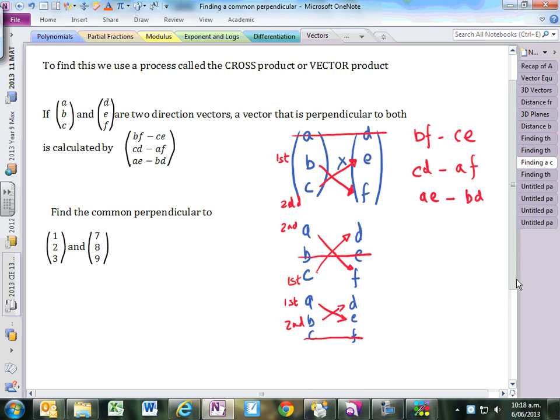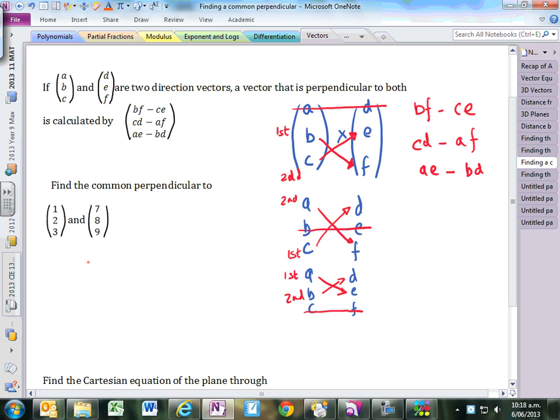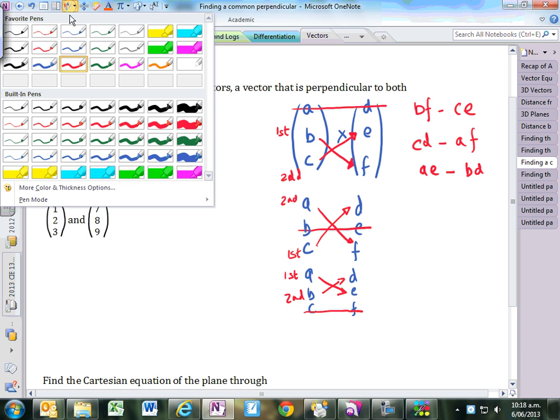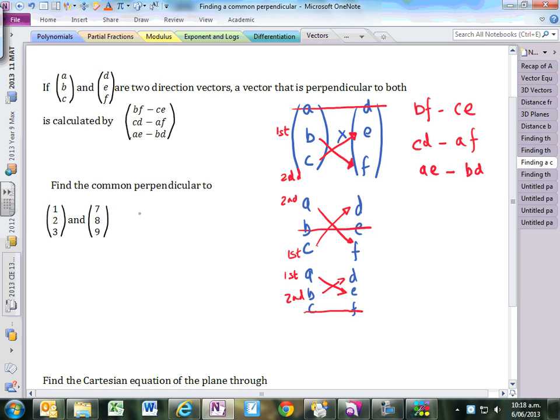So let's have an example of this. Here we've got two vectors. We want to find the cross product of those two vectors. So my x component, I'm going to ignore that line. It's going to be 2 times 9 minus 3 times 8.